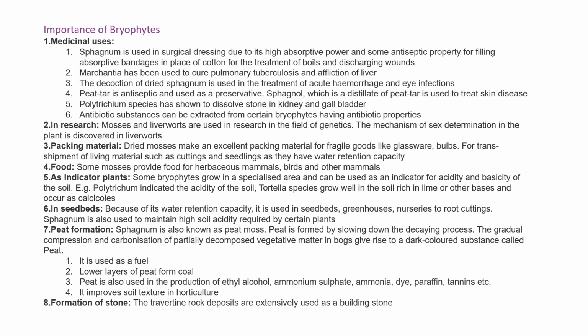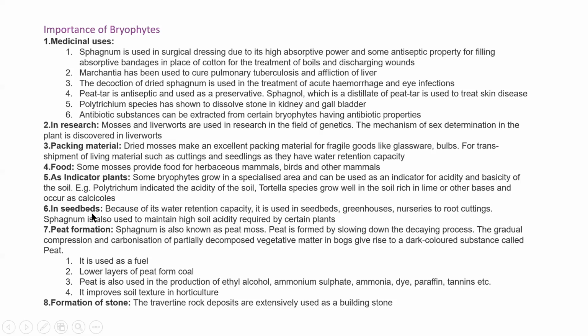So they can be used as an indicator for acidity or alkalinity in the soil. When the acidity or alkalinity of the soil changes, some bryophytes show a change in their growth. So it can be used as an indicator plant. Like Polytrichum indicates the presence of acidity in the soil.